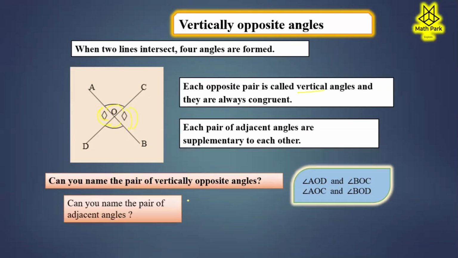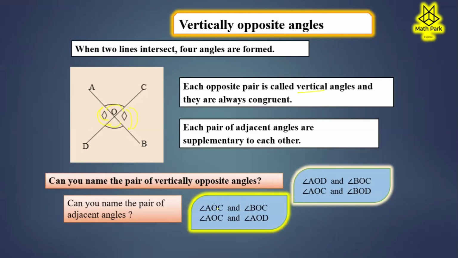The adjacent angles, we get the pairs here: angle AOC and BOC. They both are adjacent angles, and they are supplementary. We can also have AOC and AOD. We also have BOC and BOD, which are also supplementary.